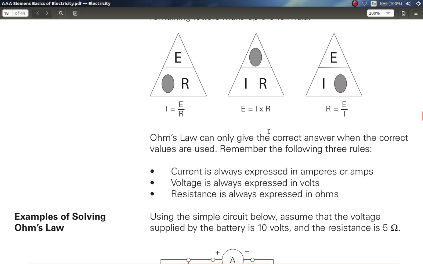Remember the following three rules. Current is always expressed in amperes or amps. Voltage is expressed in volts, and resistance is always expressed in ohms.